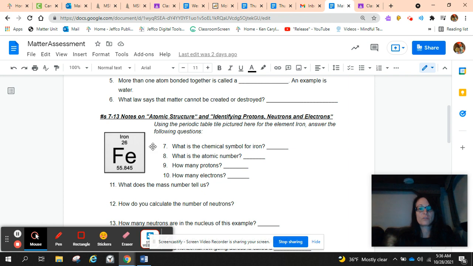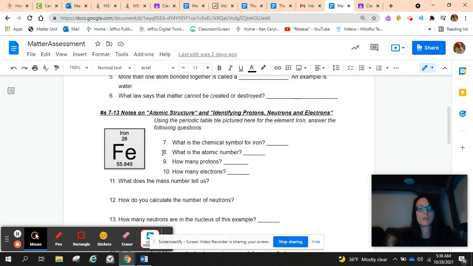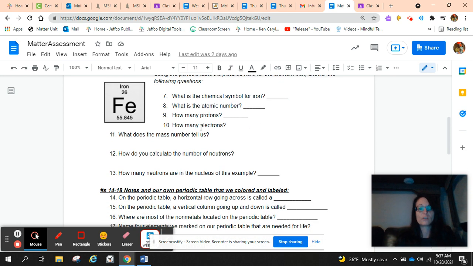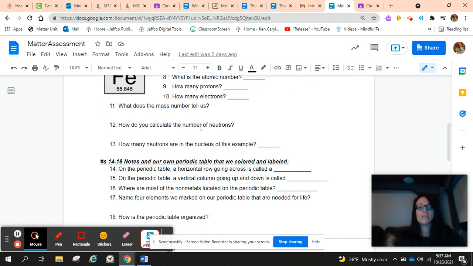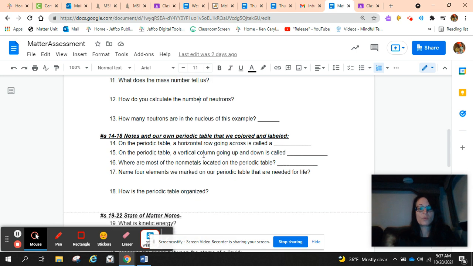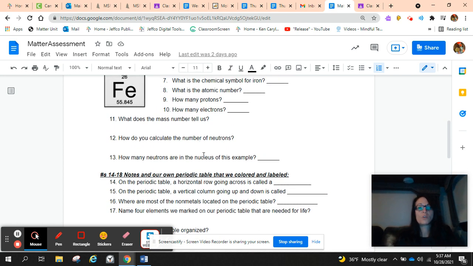Numbers 7 through 13 are next. It tells you what notes to use. We took notes on atomic structure and identifying protons, neutrons, and electrons. You should be able to find the answers on those pages if you don't know where to look for them. If you find that you are missing some of these notes, you are welcome to work with a partner or friend and try to get the notes caught up in your notebooks. You have everything that you need by next Thursday.